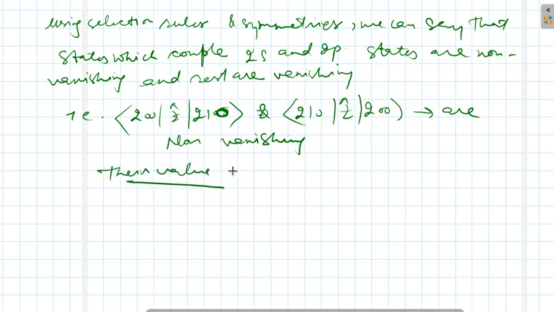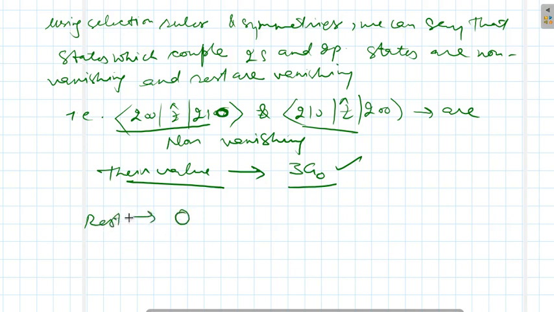We can write down this value, or we can learn how this value can be calculated. You can follow the problem of hydrogen atom in any book. The value of these two will be 3a0 and the rest of the terms are 0 other than these two.